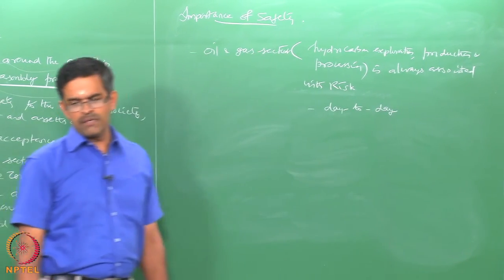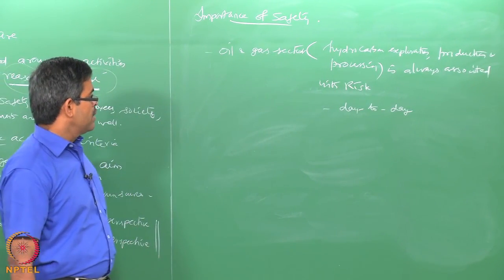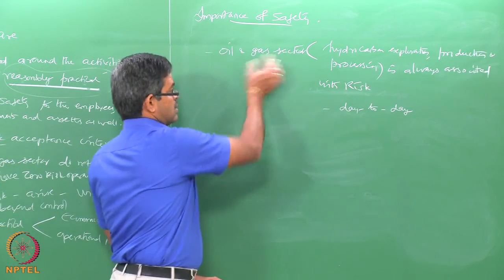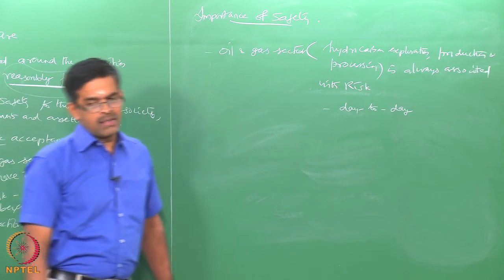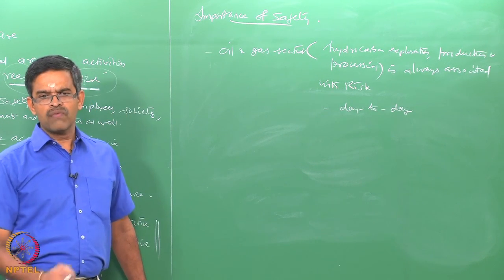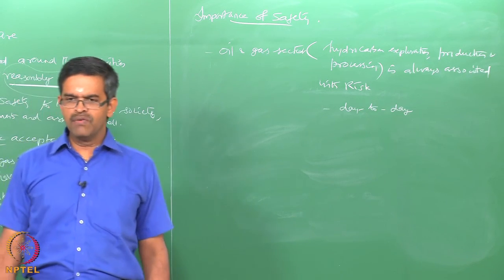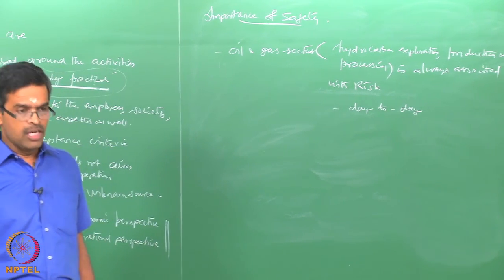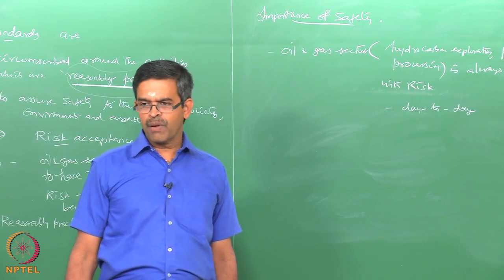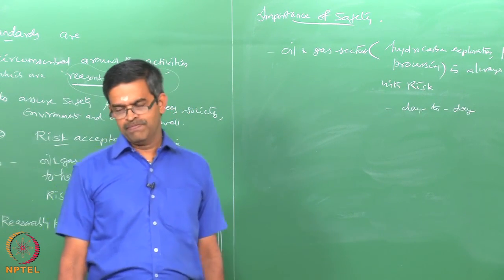One can ask me a question, sir, why is risk compulsorily associated with only this industry? The answer is very interesting. Risk is associated in every walk of life with every one of us. Why only with the oil and gas sector? That is why we insure our health, we insure our life, we insure our car and property, we insure assets.